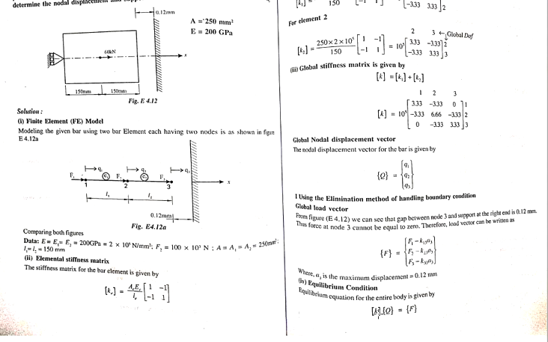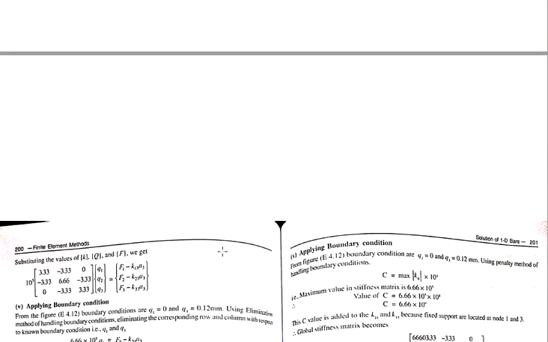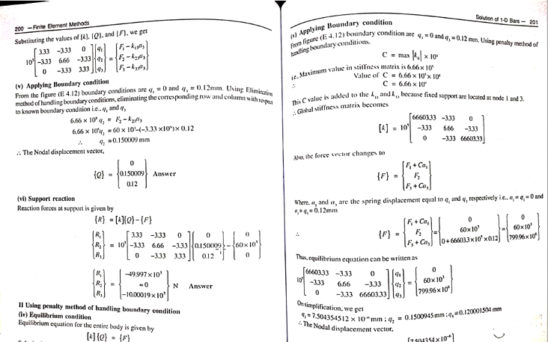Then the equilibrium condition, let us put K, Q and F here. KQ is equal to F. Substituting the values of K, Q and F we get, but before substituting, let us eliminate the first row, first column, and third row, third column, because we know that the first node displacement is 0 and the third node is 0.12.